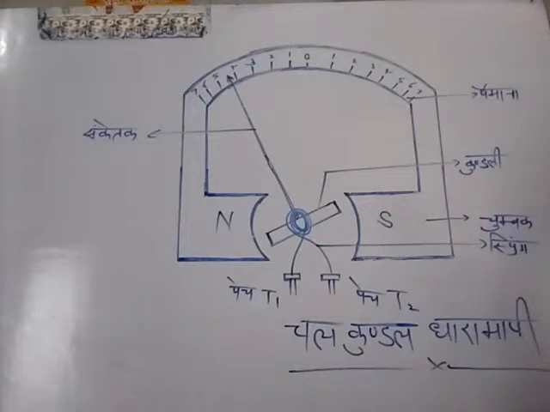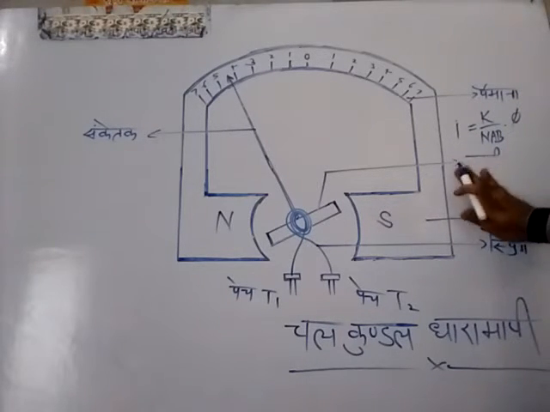Here torque tau is equal to the restoring force, and the formula of current I equals K upon NAB into phi. This is the galvanometer constant.